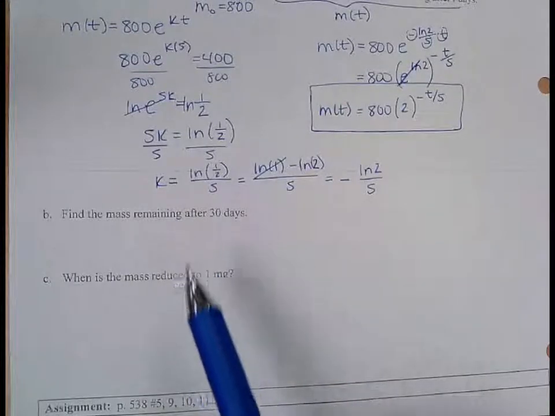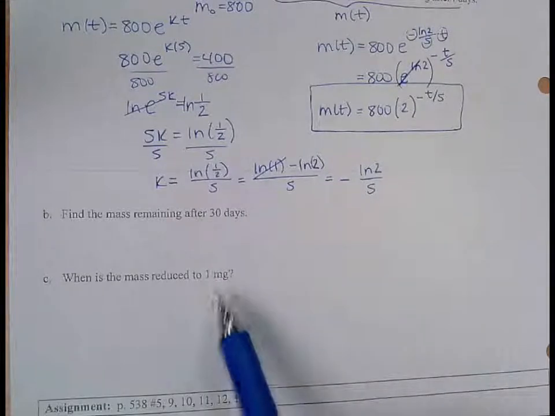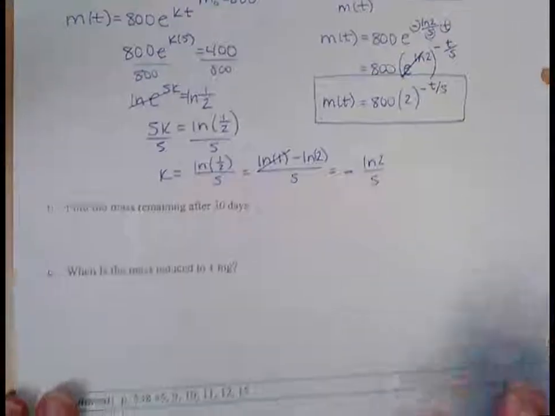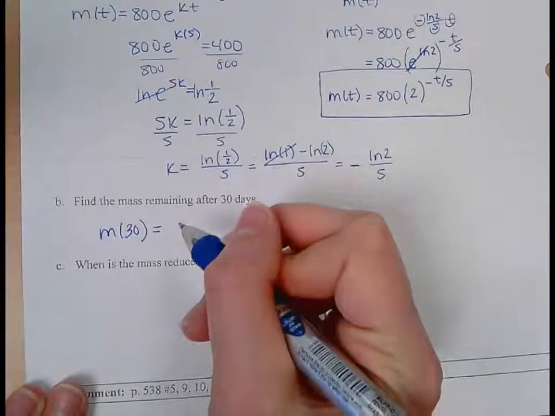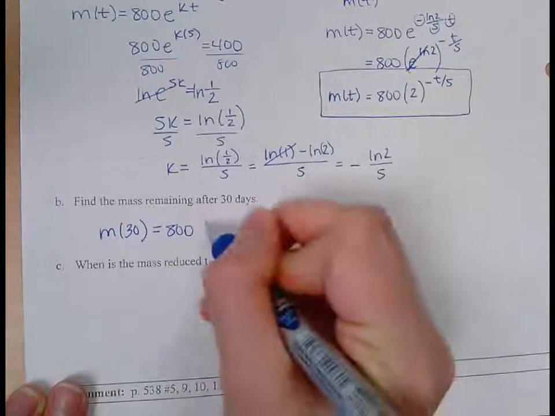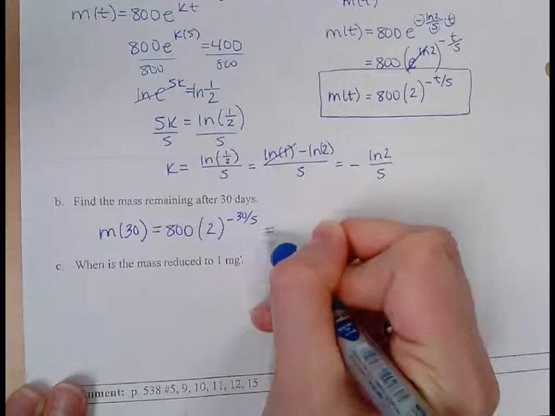These questions, if I had given you this formula, you could have been asked these questions last year in trig pre-calc. So find the mass remaining after 30 days. How do you do that? Plug in 30. This exact one? Maybe.